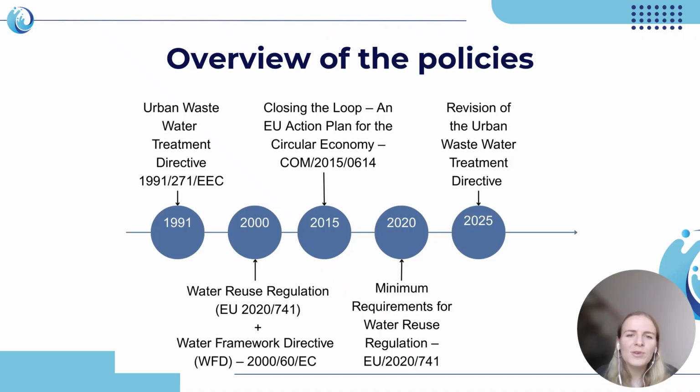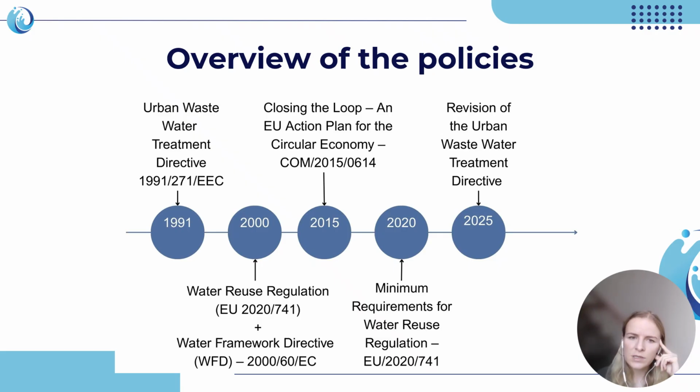To give an overview of the main policies, we start with the Urban Wastewater Treatment Directive, which exists since 1991, and it sets standards for EU member states as to how to treat wastewater. So the goal is to protect the environment from harmful effects of either untreated or inadequately treated urban wastewater.